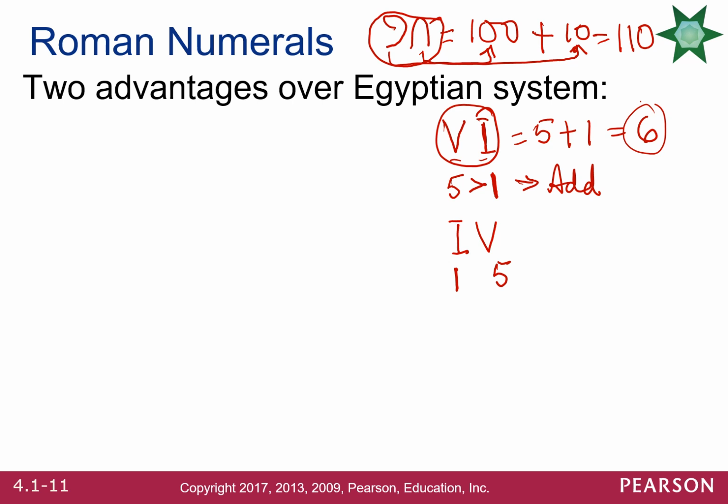No. If the value on the left hand side is less than the value on the right hand side, which it is in this case, then we subtract the lower value from the higher value. So 5 minus 1 is equal to 4. So 4 is the value of the numeral I followed by a V, whereas 6 is the value of the numeral VI, 4 being the value of IV. So that's how we figure out the values of the different Roman numbers.